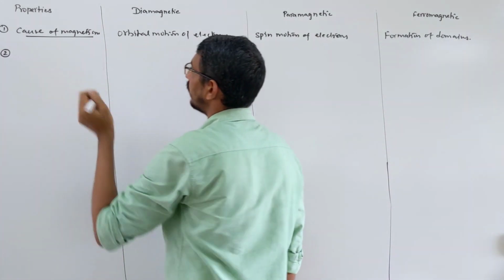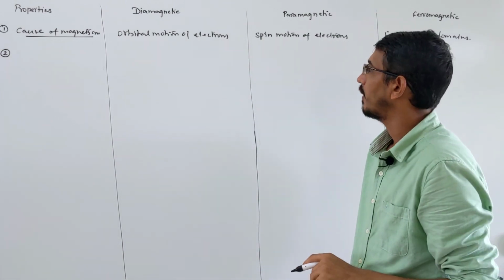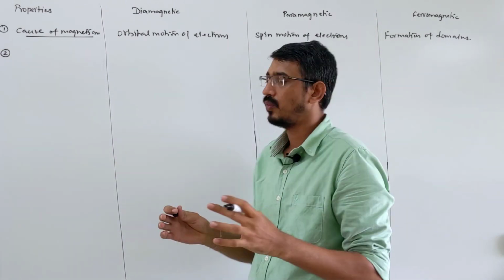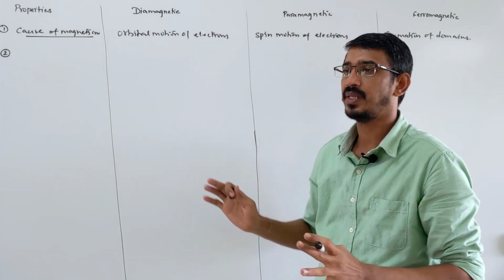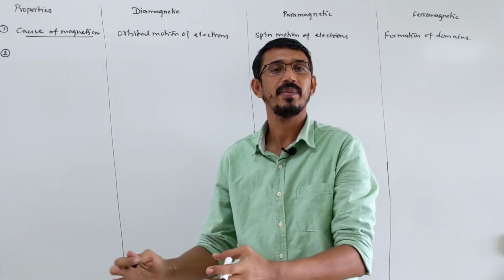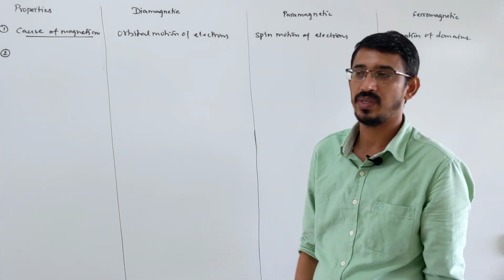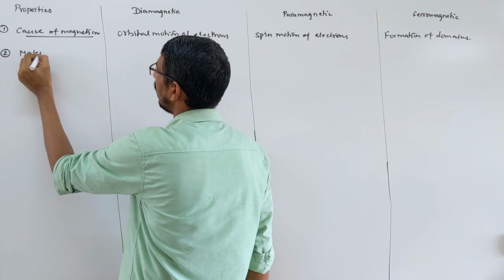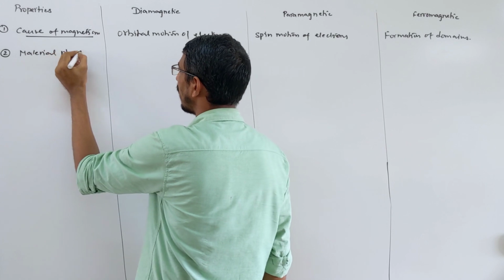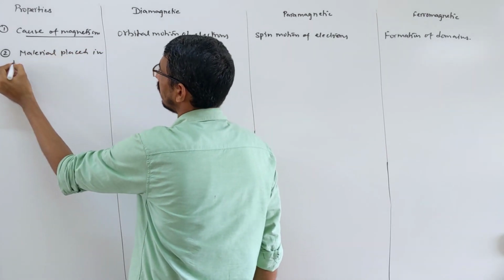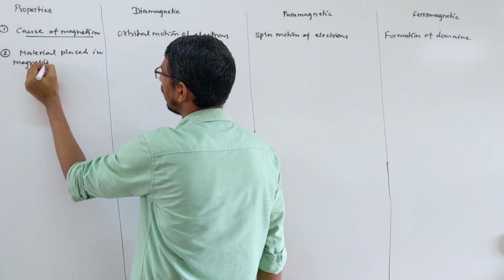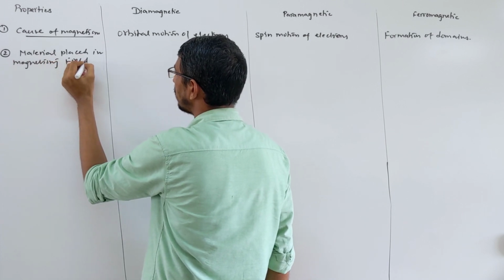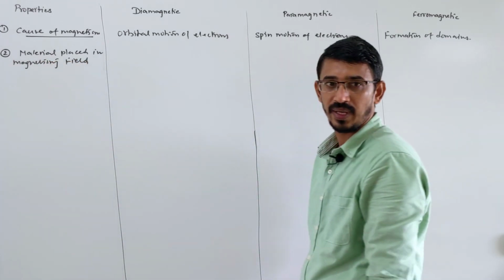This is the source of how they are produced. Now, what happens when these types of magnetic materials are placed in an external magnetic field, or what we call a magnetizing field? Material placed in a magnetizing field, then what will happen?